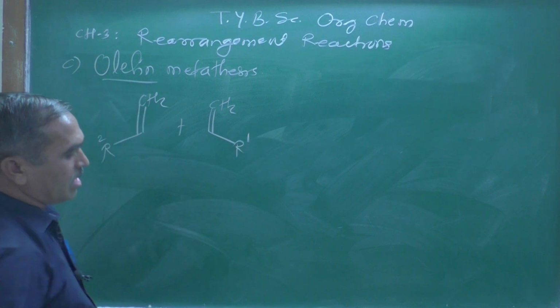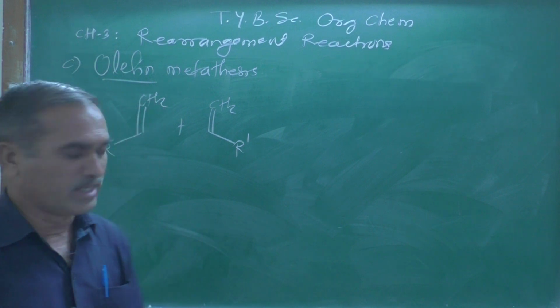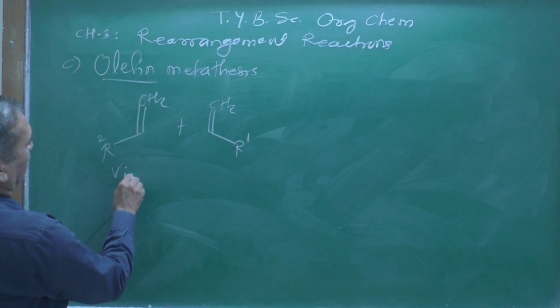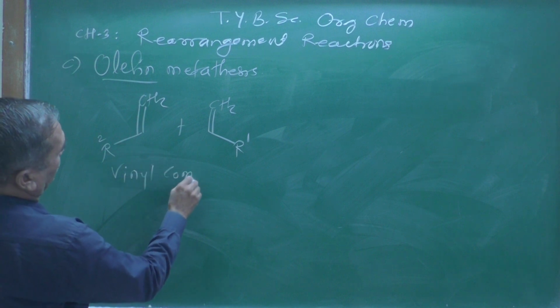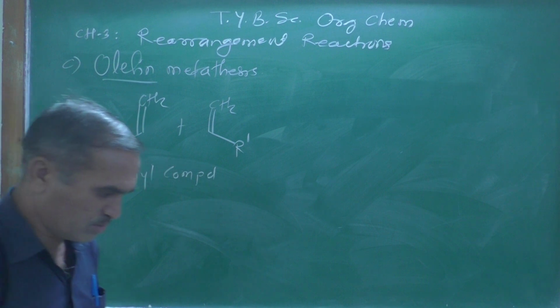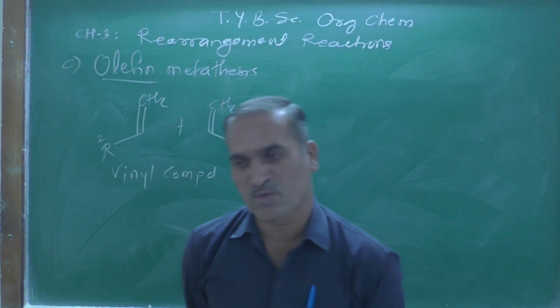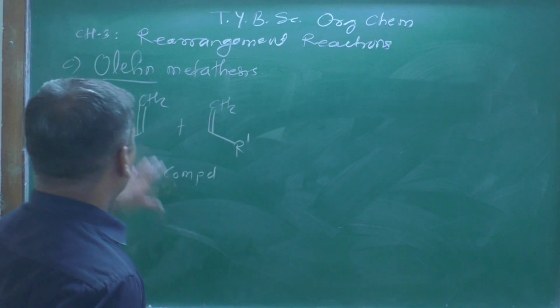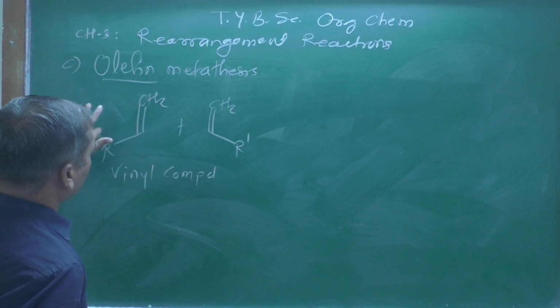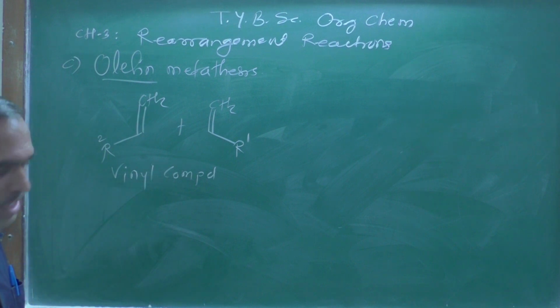You can call it R2 over here. R1 and R2. These are known as vinyl compounds, meaning there is a carbon-carbon double bond with one substituent. So that type of system is called a vinyl system, right?